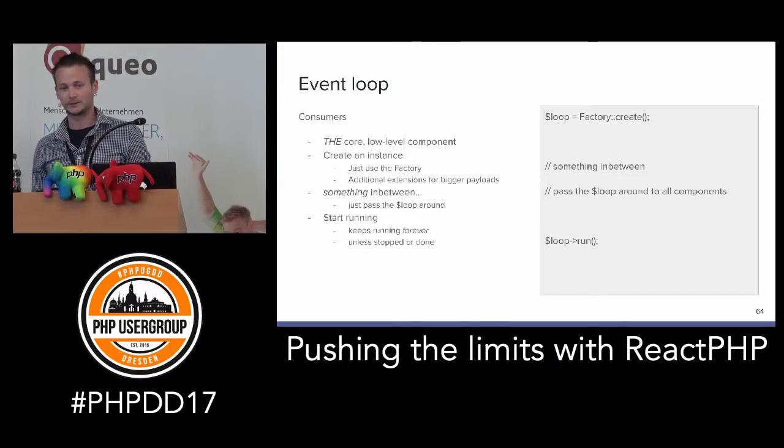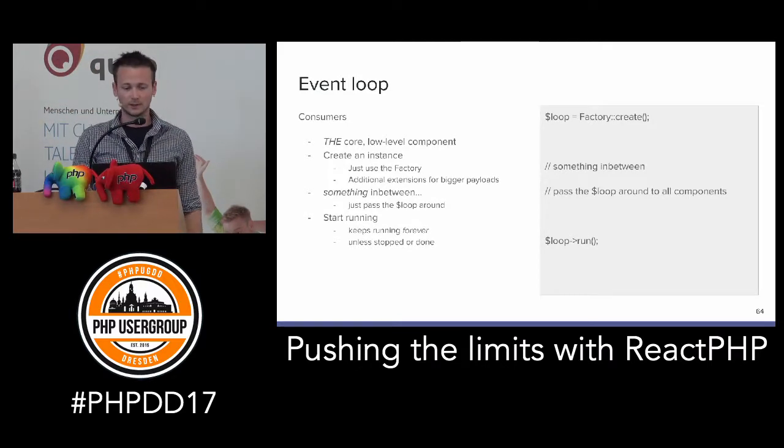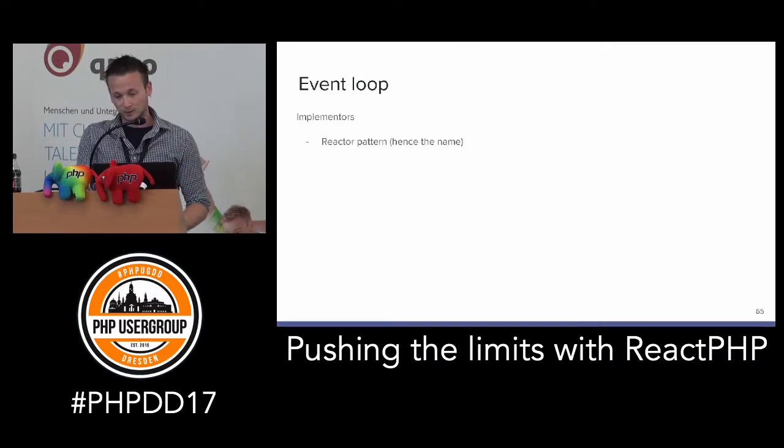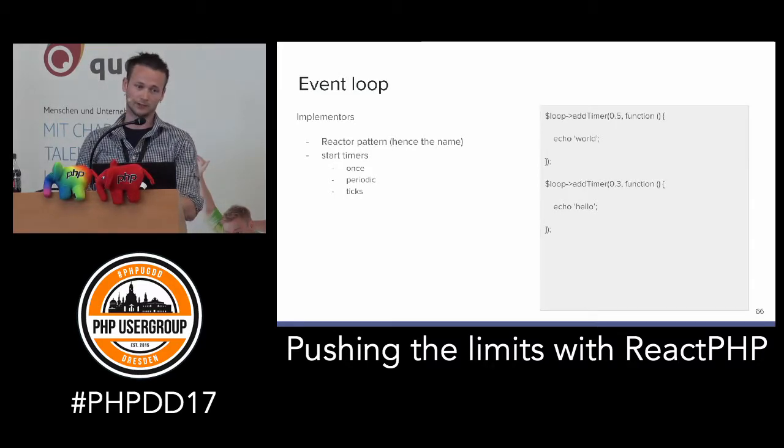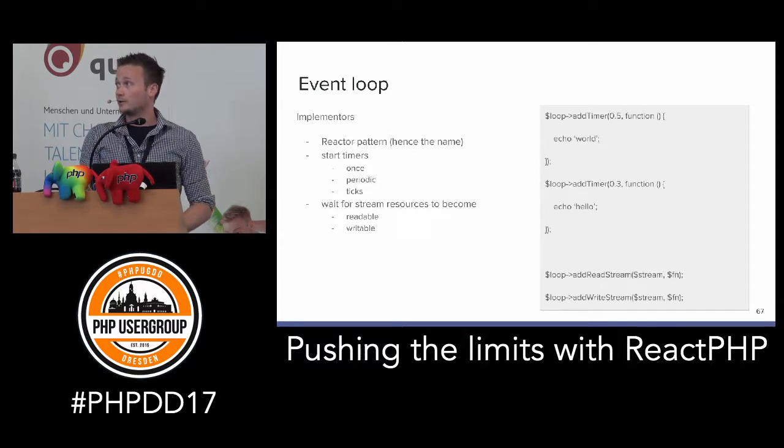You don't really have to care about it. From the implementer's perspective, this implements the Reactor Pattern, which is also why it got its name. And it allows you to start timers, to get a notification, OK, in 10 seconds run this function. This example is going to print hello world, obviously. And you can use it to listen on streams, to get a notification, OK, new data is there.